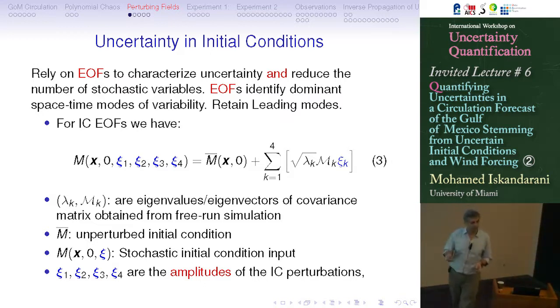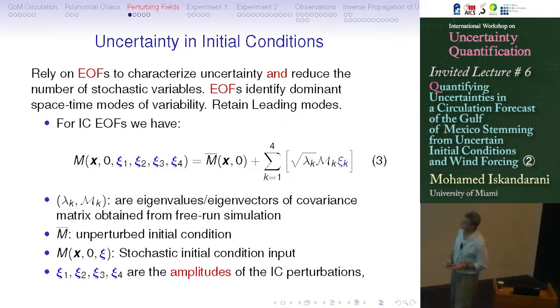I don't want to perturb every single value of the model parameters independently. Actually, that doesn't make sense because these variables are linked by dynamical laws, and those have to be respected. Okay. So what we're going to do is essentially an empirical orthogonal functions decomposition, principal component analysis, in order to do this.